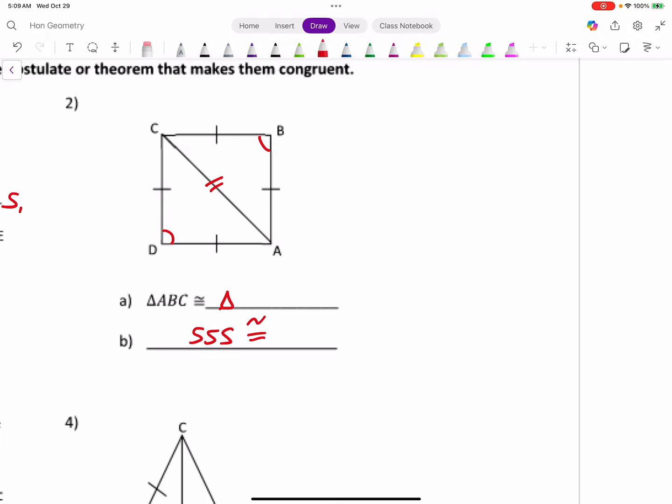So I know the one that has to be in the middle has to be D. But you really got some leeway. If you called it triangle ADC, no one would care. If you called it triangle CDA, no one would care.